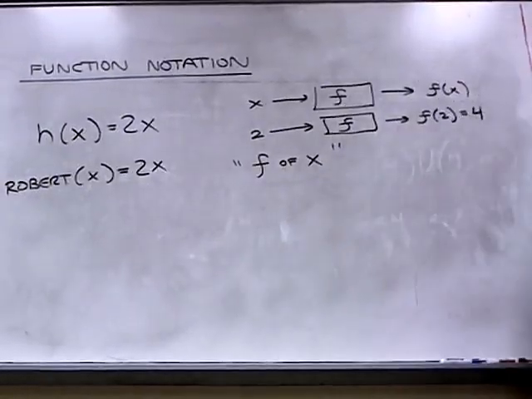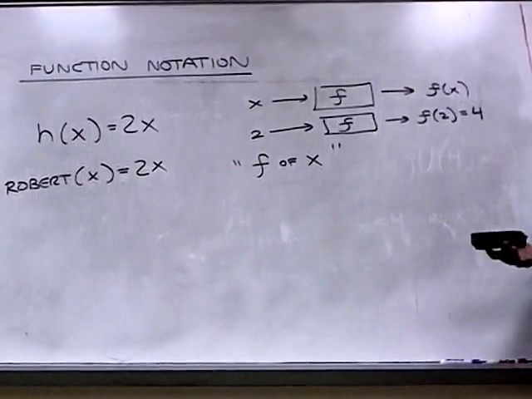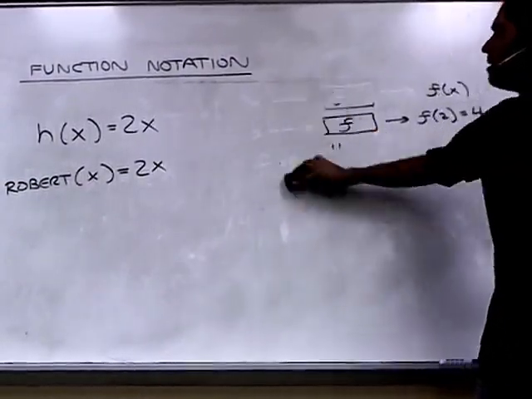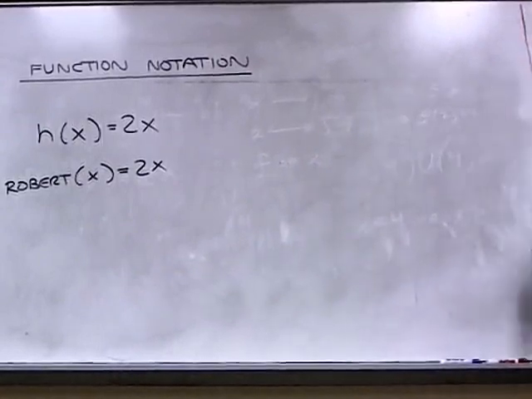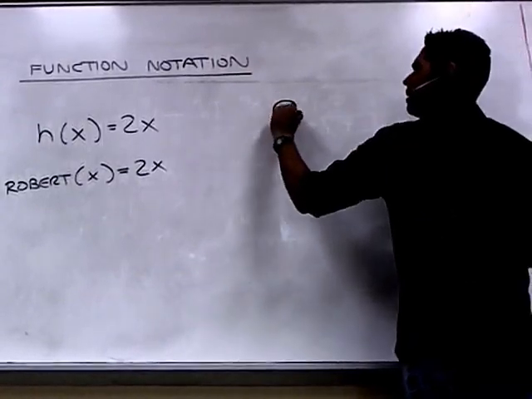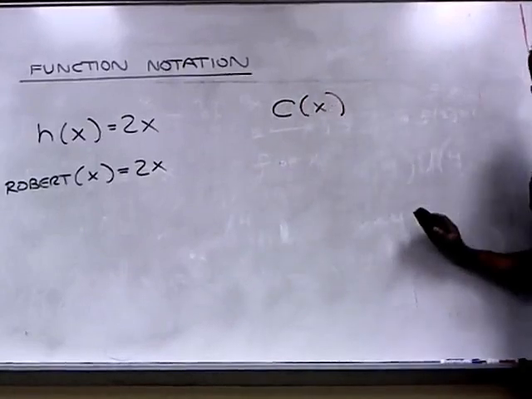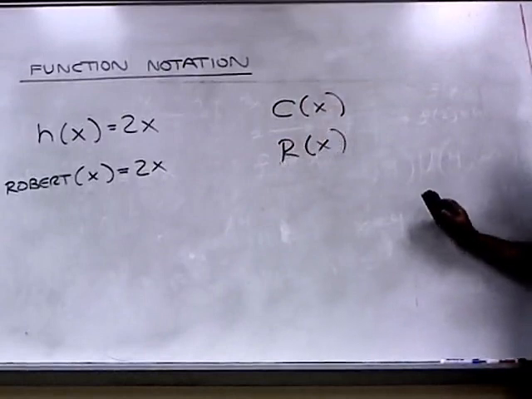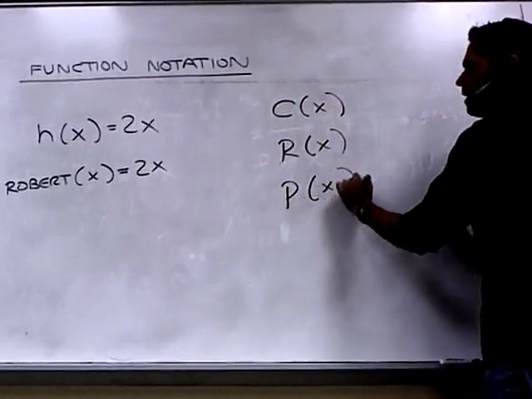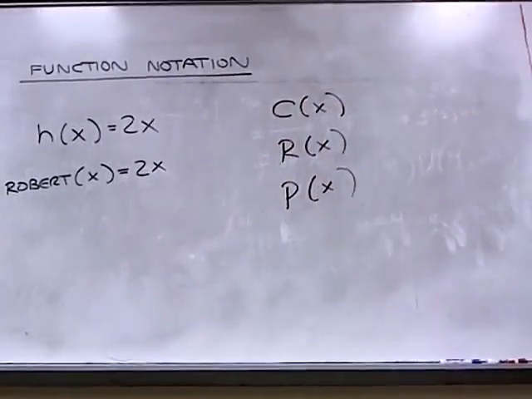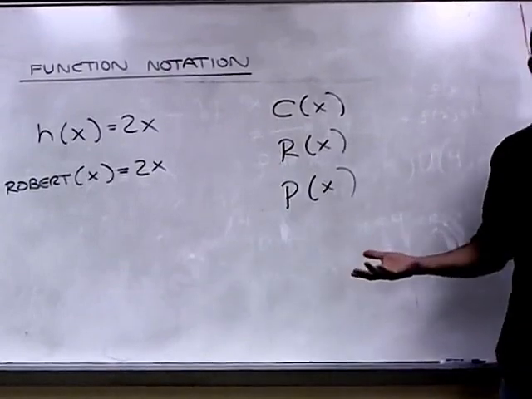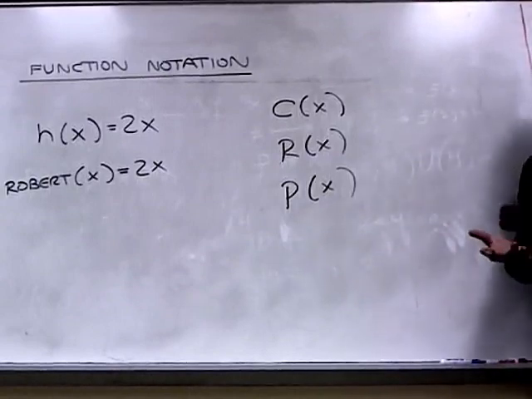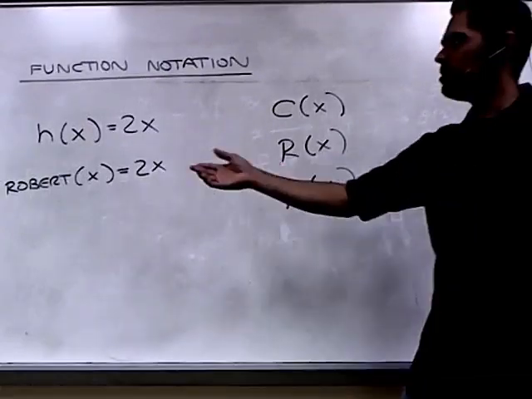If you go into business or accounting, we actually have functions that we use a lot in those courses, things like C of x, cost functions, R of x, revenue functions, P of x, profit functions. So that letter sometimes has greater meaning depending on what class you're in. In a college algebra class, we normally use f, g, h, lowercase, right?